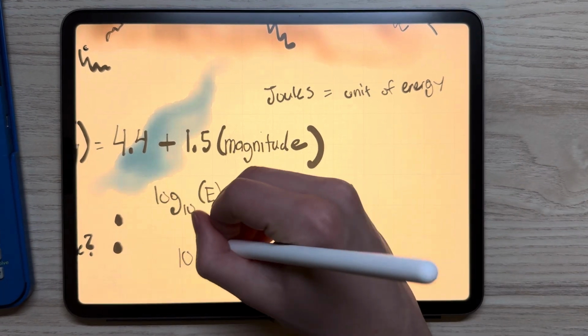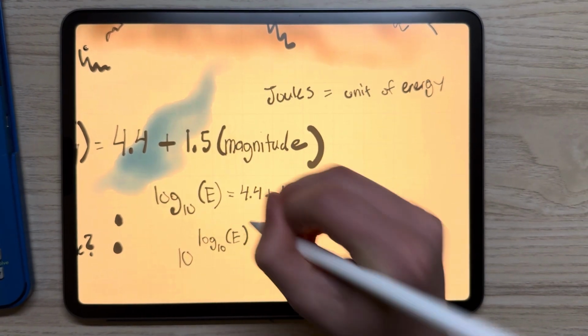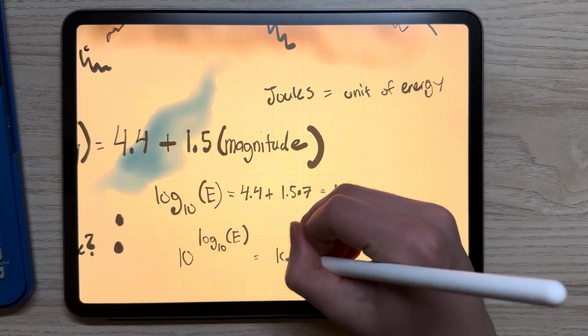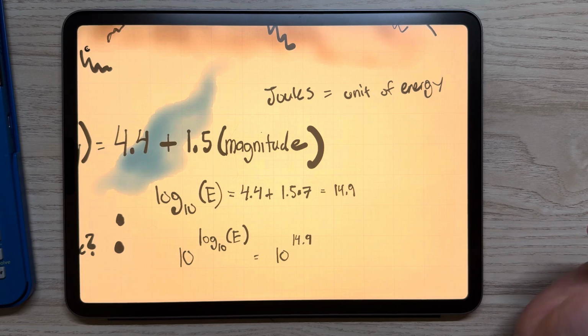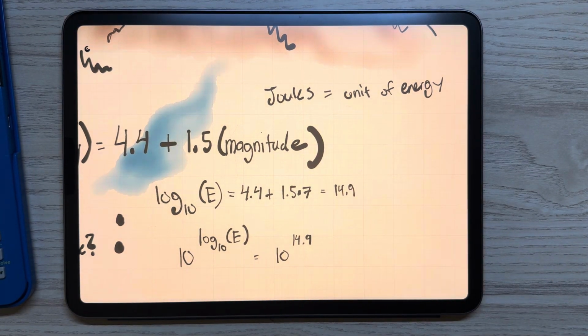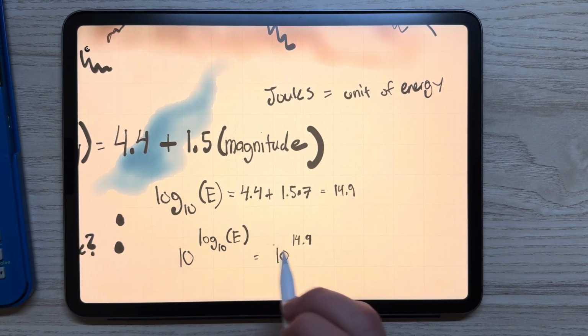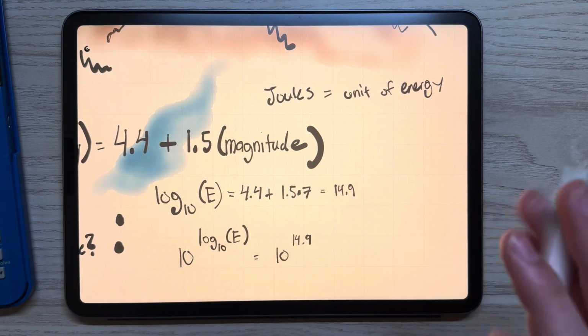So it looks like this: 10 to the power of log base 10 of E is the same as 10 to the 14.9th power. And we can do that because if we were to do 10 to this power, it's the same as 10 to this power because we already saw here that these are equal.